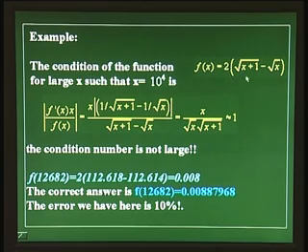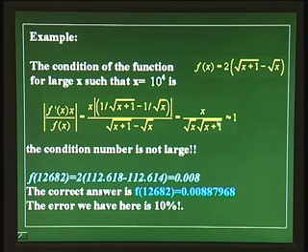Then I would get in the denominator root x plus 1 plus root x, and the numerator is just 1. I multiply and divide this function by root x plus 1 plus root x. It should not change the value of the function. And at the same time, you would see that the condition is completely different. So that's something which you should try to see.